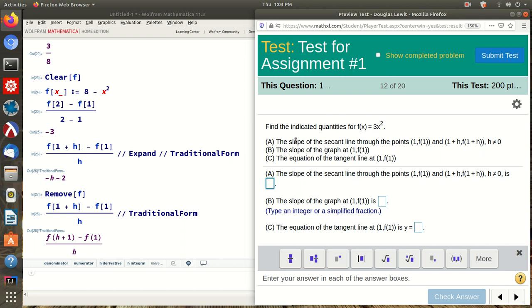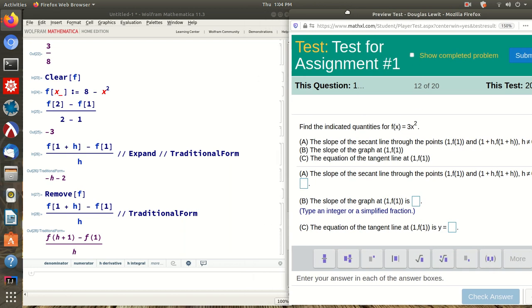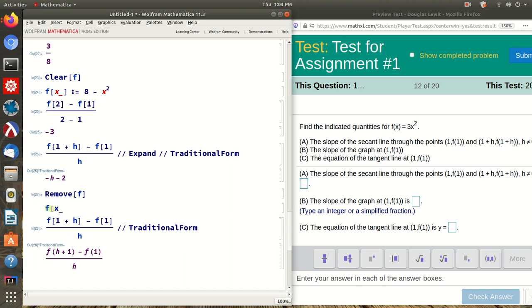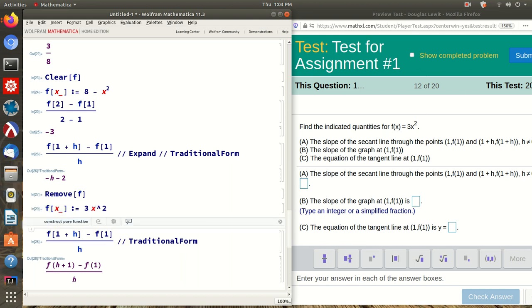oh, well, I'm sorry, f of x is equal to 3x squared. You know what, hold on one second. So I overlooked that part. So f of x is equal to 3 times x squared.